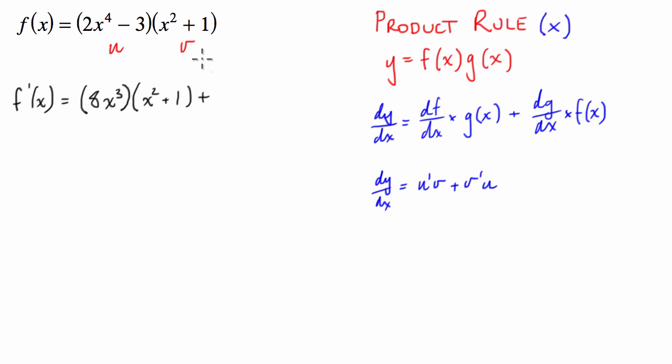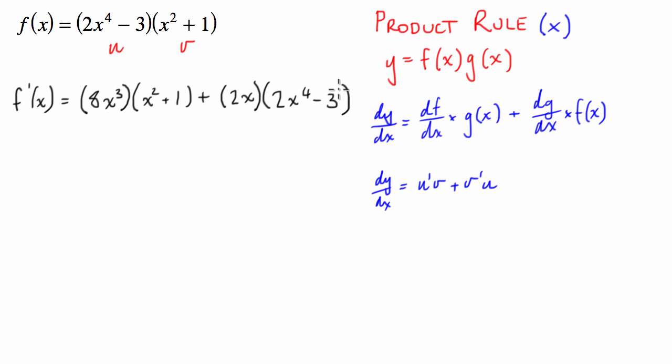Then we add that to the derivative of v, which is just, we get the 2 and we multiply it down, we get 2x, because the derivative of 1 is just 0, and then we multiply it by u being constant, 2x to the 4 minus 3.